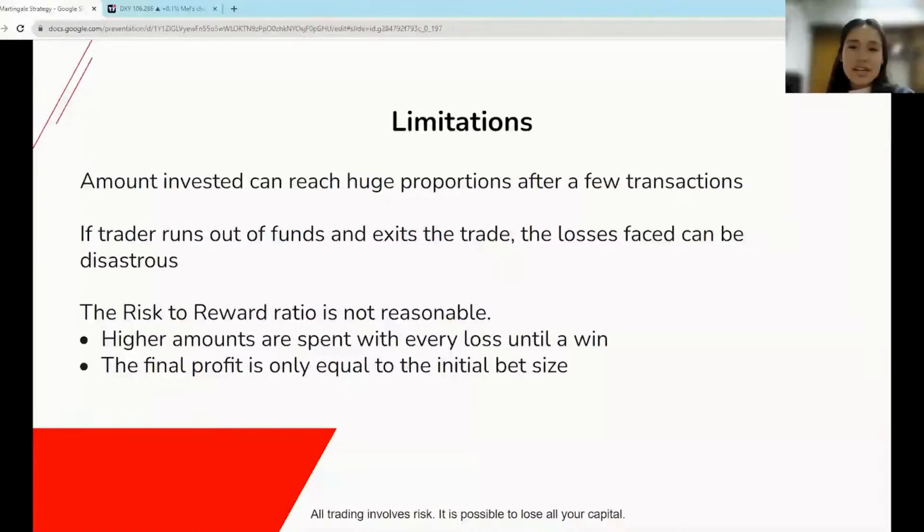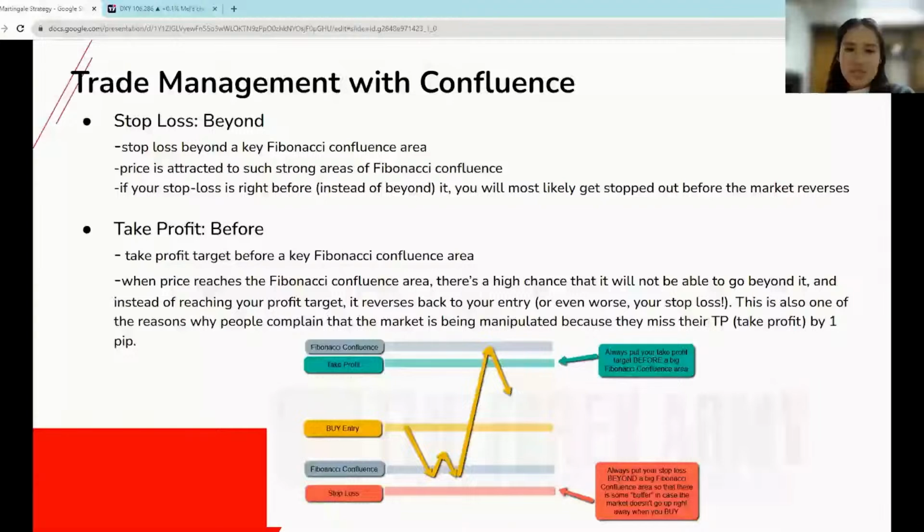Actually, these trade management strategies are useful even if you're not using the martingale strategy, even if you are just using technical analysis. It's always important to pay attention to your trade management. If you were here for our trade management series, some of these slides will be familiar, but I'll just quickly go through them.